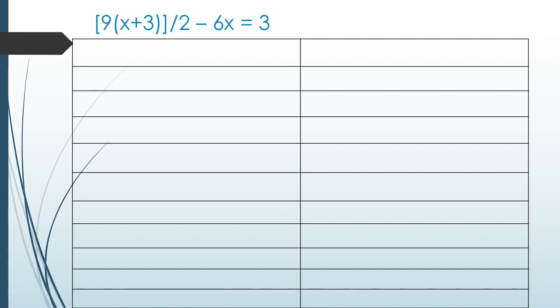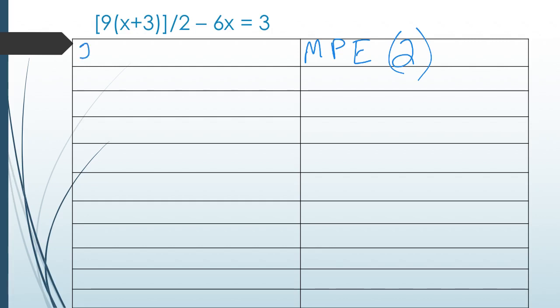Here's the equation written out the same way. They just used braces here, so you saw that they should be over 2. So the first thing I'm going to do is use the multiplication property of equality. I'm going to multiply the entire thing by 2 because I don't like having to deal with having that division.